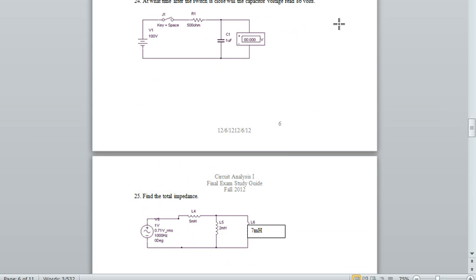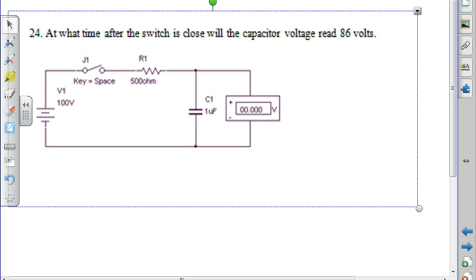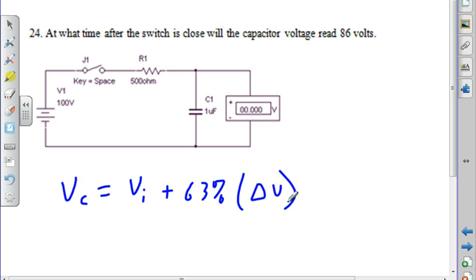Okay, 24. The voltage across the capacitor is equal to whatever the initial voltage is plus 63% of whatever the voltage difference is.